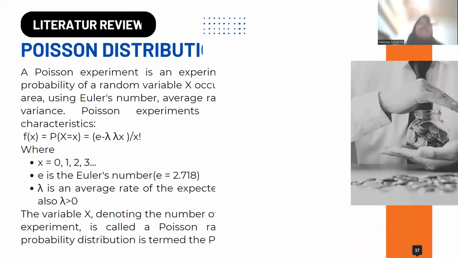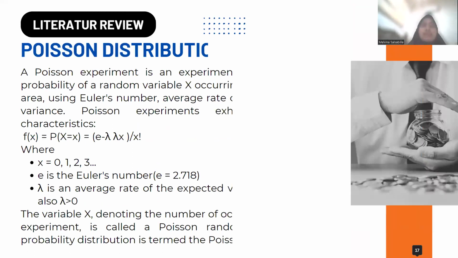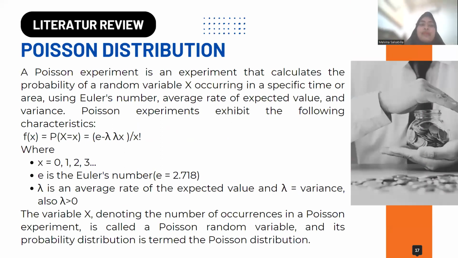So this is the Poisson distribution. A Poisson experiment is an experiment that calculates the probability of a random variable x occurring in a specific time or area using Euler's number, average rate of expected value, and variance.